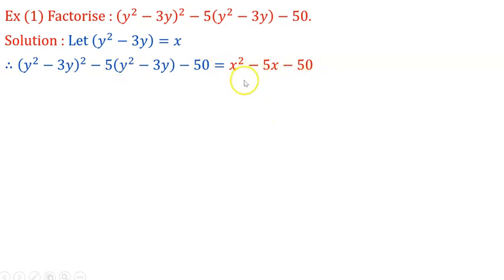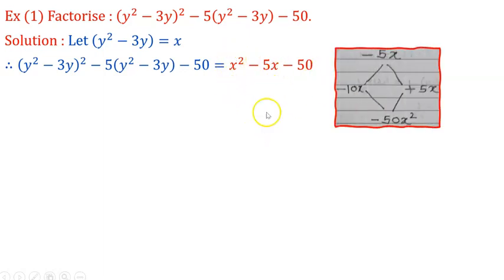Now we'll factorize this first, that is x square minus 5x minus 50. Now the product of the first term and last term, that is x square into minus 50, is minus 50x square. What about the middle term? The middle term is minus 5x. Now find the two numbers whose sum is minus 5x and whose product is minus 50x square.